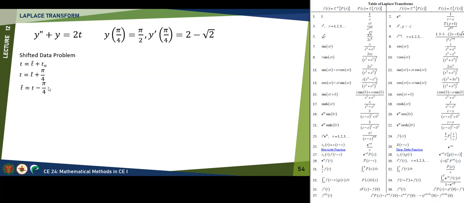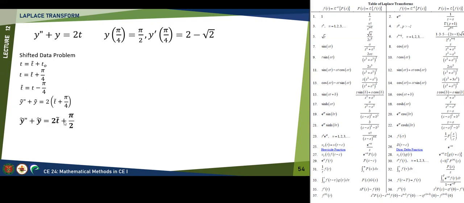So instead of using t in our equation, we will use the t tilde. We write the original equation and substitute all the occurrences of t with this term. All the y's are shifted also, so we have y tilde double prime plus y tilde equals 2 times t tilde plus pi over 4.